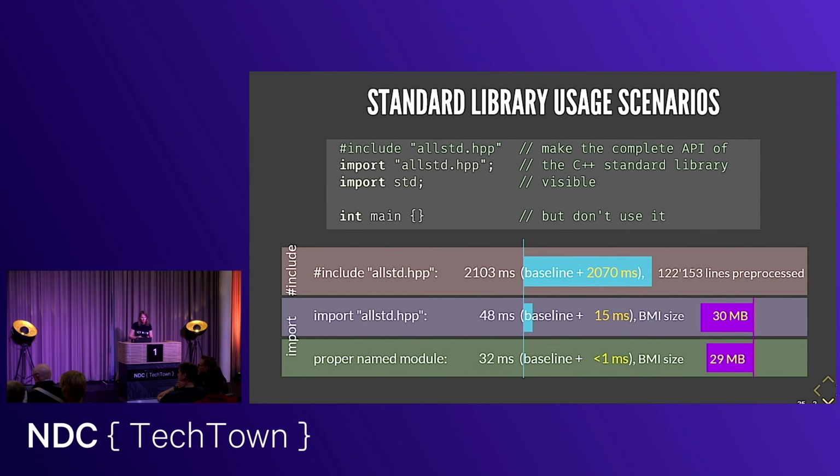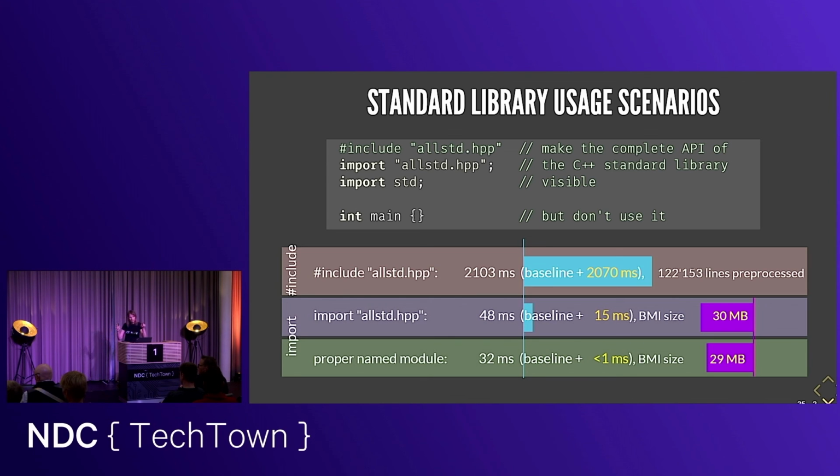I have a file called allstd.hpp here that contains the full standard library that you can include in a traditional way, or you can import it as a header unit, that's the second line, or you can import as a modularized standard library.